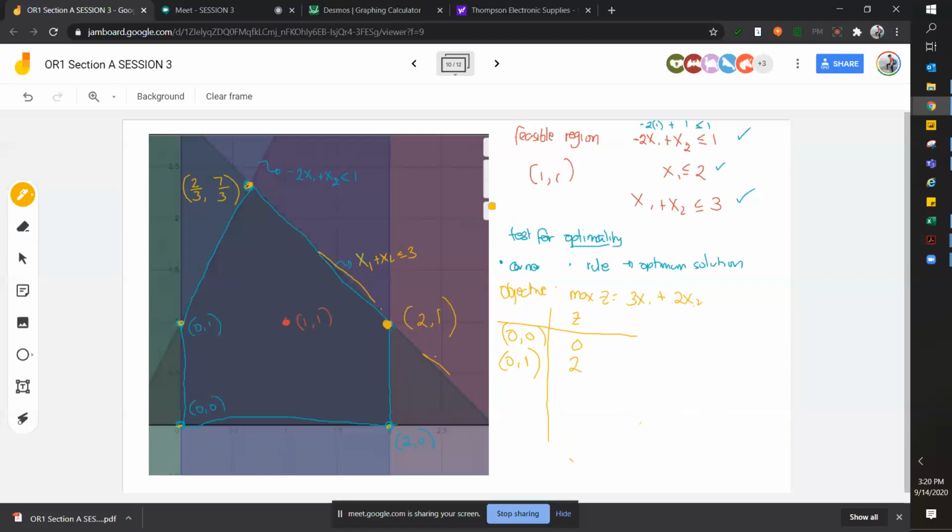Sinubstitute lang doon sa 2x sub 2. Next, 2/3 at saka 7/3. Anong value ng Z? So, 3 times 2/3 plus 2 times 7/3.